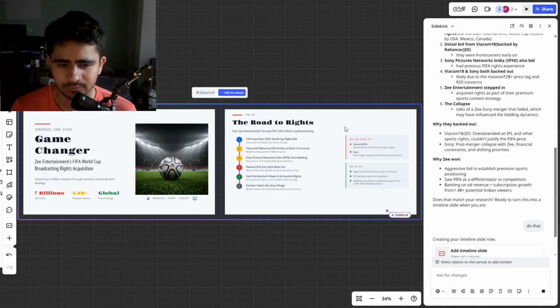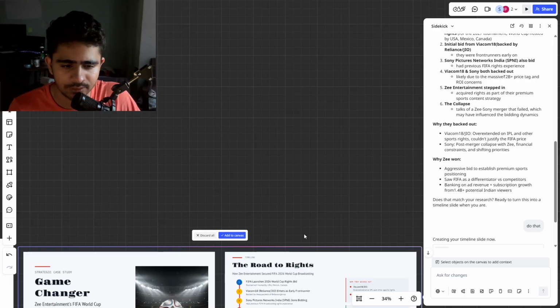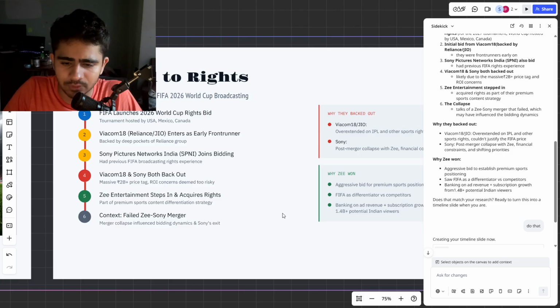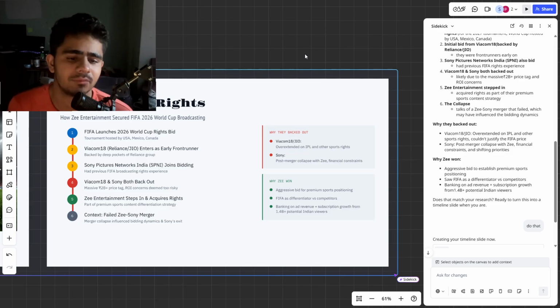I'm pretty sure no one asked for $2 billion. Failed Disney Sony merger. Okay, interesting. Merger plans influence aggressive bid for premium sports positioning FIFA. This is not good. Overextended on IPL and other sports rights. Merger collapses with the financial constraints. What?